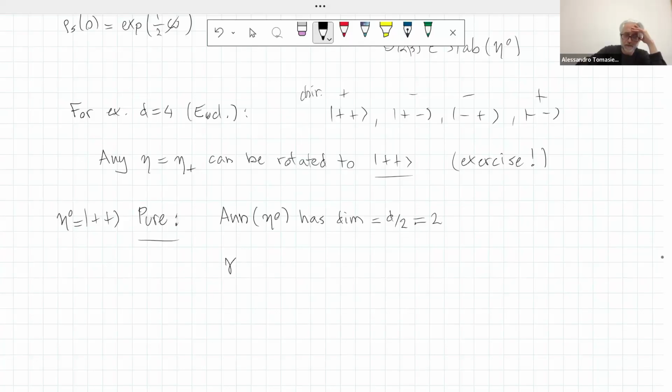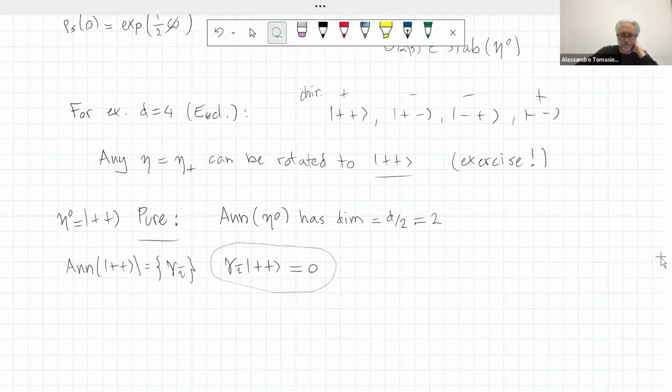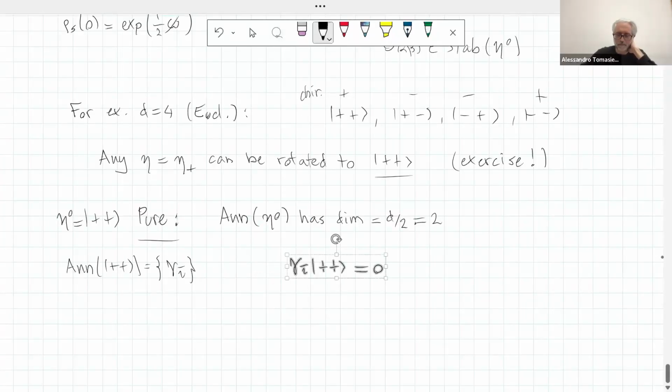And how do I know that the annihilator has dimension 2? Well, because the two generators of the annihilator are these gamma I. So in this case, this is the span of these two. And why is this true?